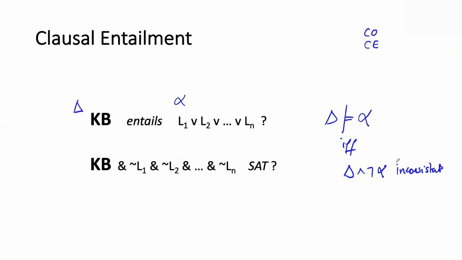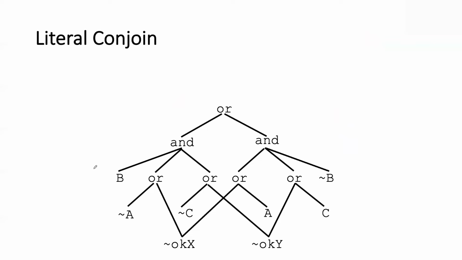Well, not exactly, because now I need to do SAT on this guy, not on the original one, right? So here's my circuit, and let's take a concrete example here. And I want to check whether this circuit is consistent with the literal A. So what you can say is, okay, good, let's just conjoin them. Now I have a new circuit that represents the conjunction, and run SAT on it. There's one problem here. What is that? So this is my original d-DNNF. This is a d-DNNF circuit here, right?